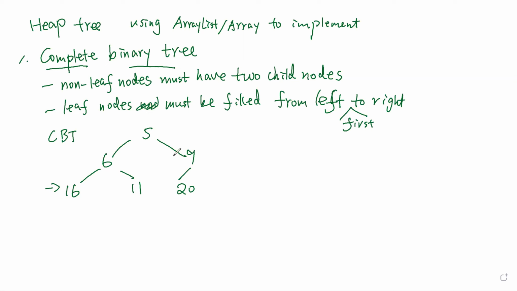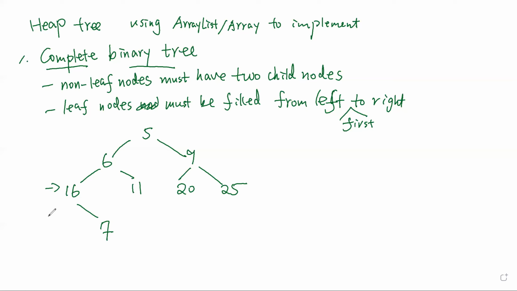And how about that? Let's get back the 25, and then I'm going to add something that looks like this. In this case, do you think it's a complete binary tree?